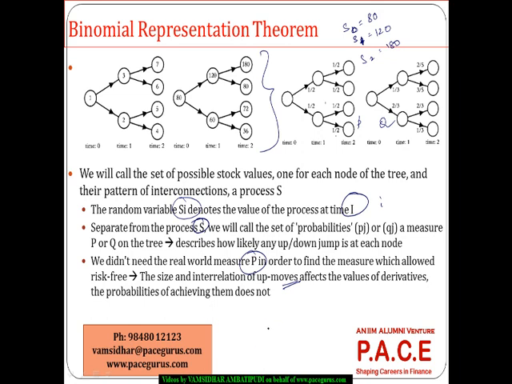If you remember, the up movement, we said e to the power of sigma root t from the binomial tree model. It is the size and the interrelation of the up moves which affect the values of the derivatives, but it's not the probability at which the price is going to go up or go down. Whether I take these probabilities or those probabilities, it hardly matters.